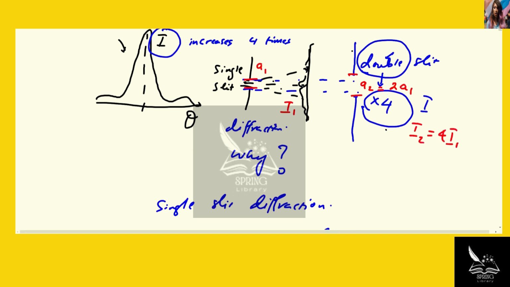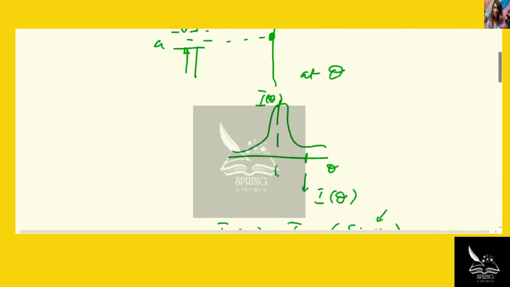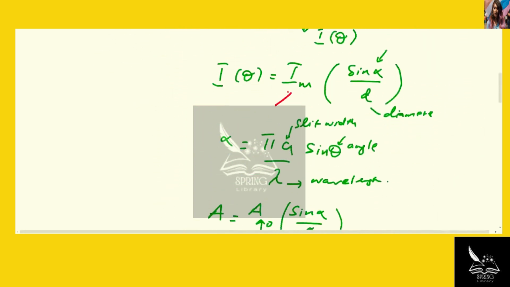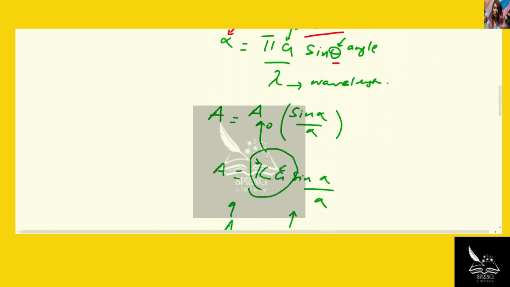That's our goal. These are helpful diagrams for seeing the relationship between the intensity and the angle. At an angle theta, we have a specific formula for the intensity, and that formula happens to be this one right here: minimum intensity times sine alpha over alpha squared. Alpha is pi a over lambda times sine theta. A is the width of the slit, theta is the angle that produces the intensity, and lambda is the wavelength.